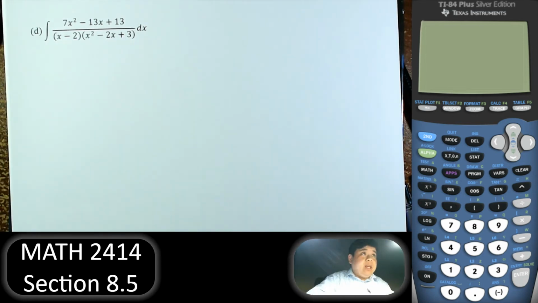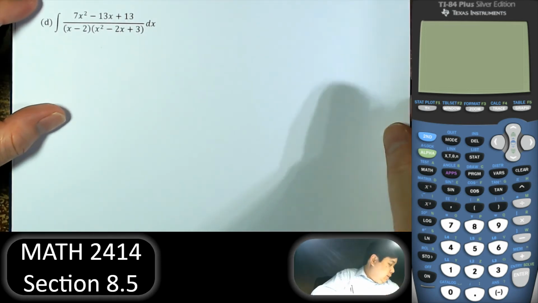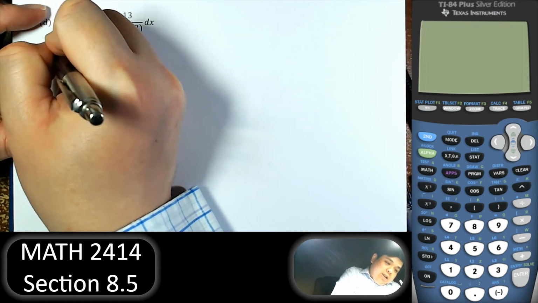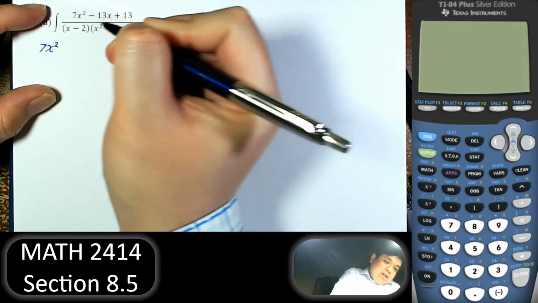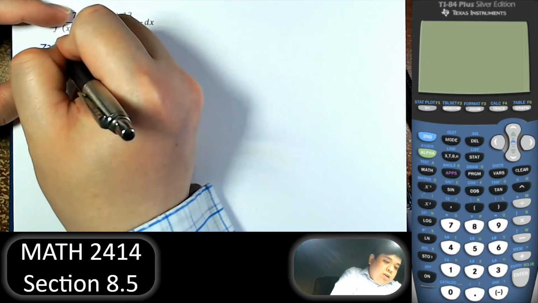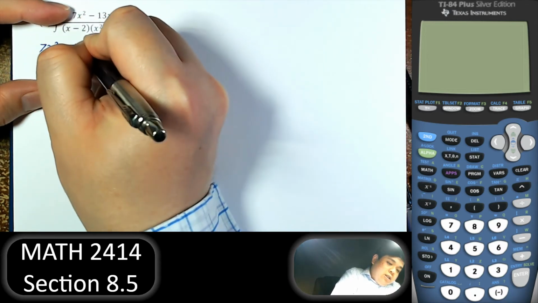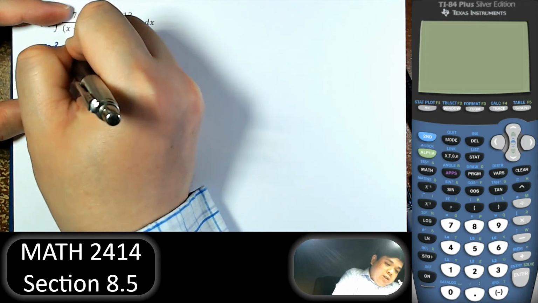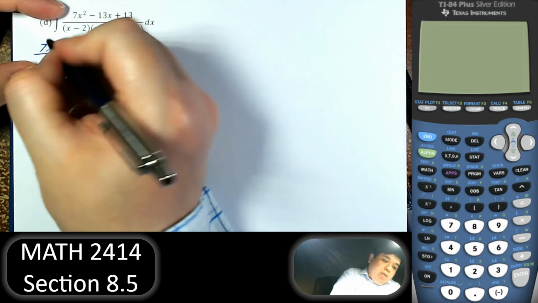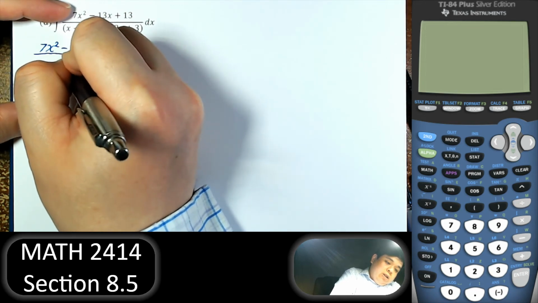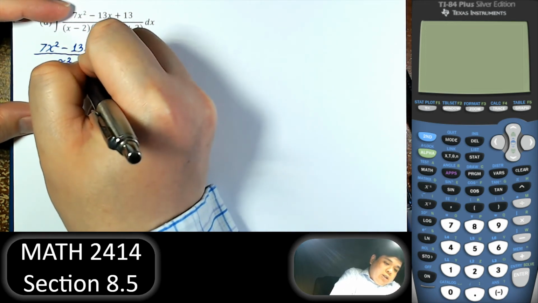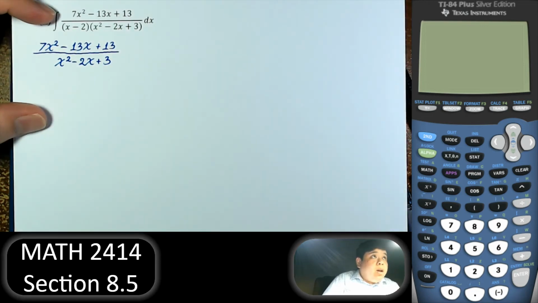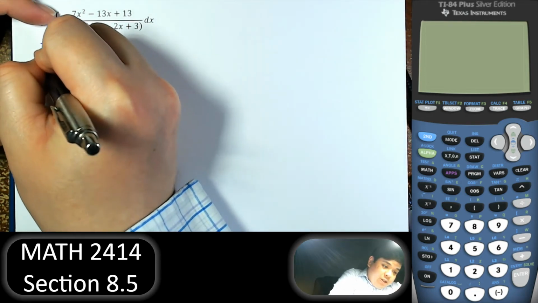Right, so we're going to have 7x squared minus 13x plus 13 divided by x squared minus 2x plus 3, and then the x minus 2.